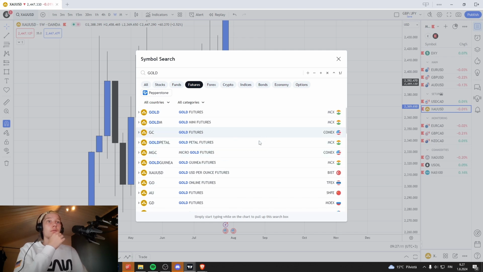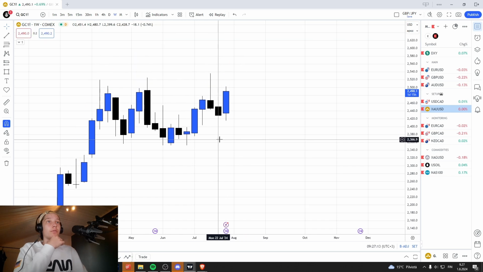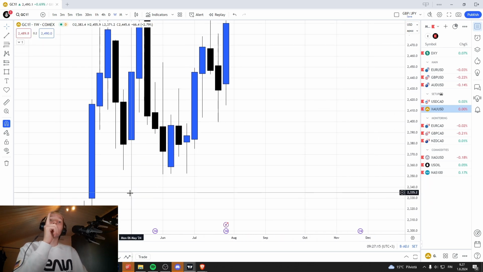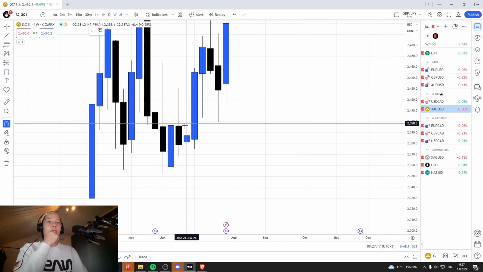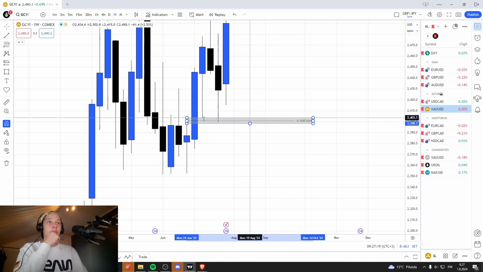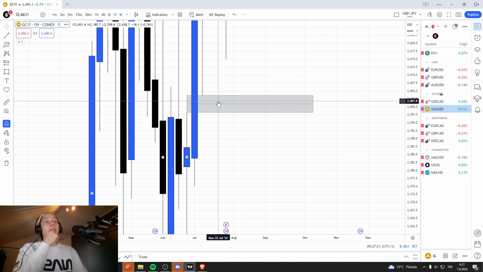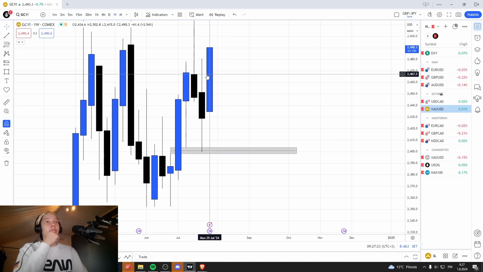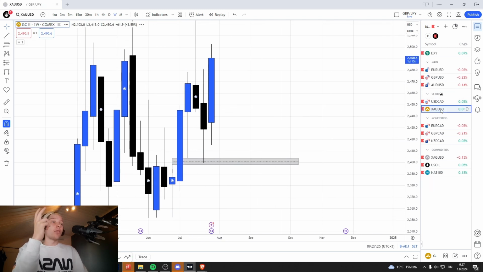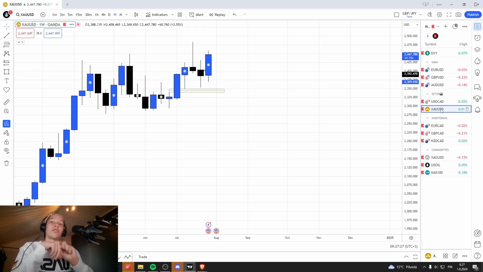So gold futures, not normal gold. Look at the same weekly fair value gap. Where is it? It's here. And that's perfectly being mitigated and it's rejecting here. So looking at the gold futures should have been super off-putting, since the target was already swept in gold futures.